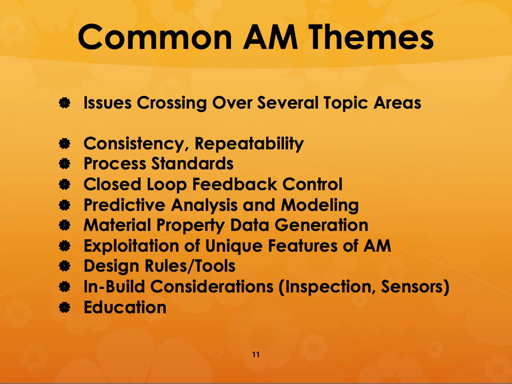And the big idea now is that we need to be able to generate material property data without destructively testing 100 parts or 1,000 parts. So you don't have to be making witness samples to predict those kinds of properties. And in order to do that, we also need to be able to exploit the unique features of additive manufacturing.